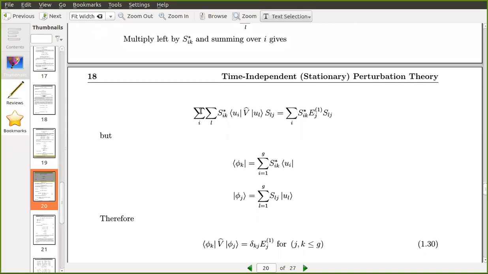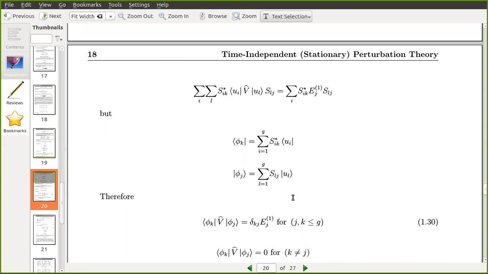The first part is bra phi K, and the second part is ket phi J, sum over L of SLJ UL. Okay, this is ket phi J. So you can write the left side as bra phi K, V remains there, V ket phi J.